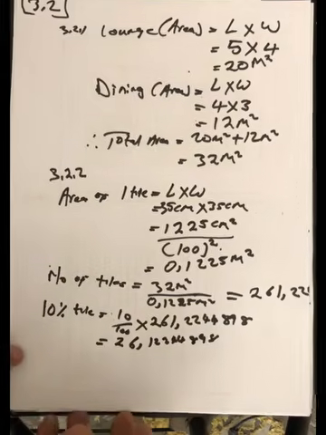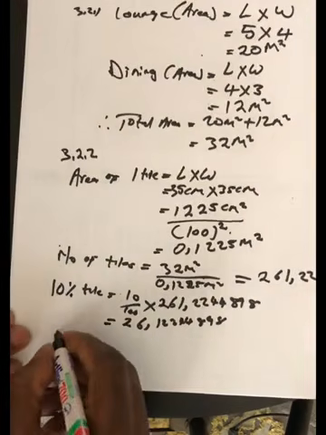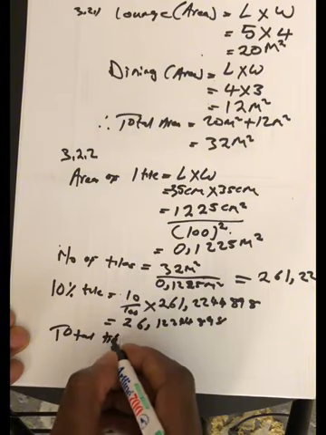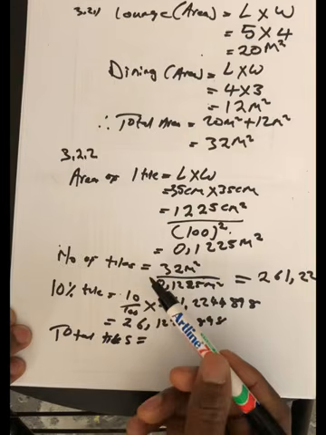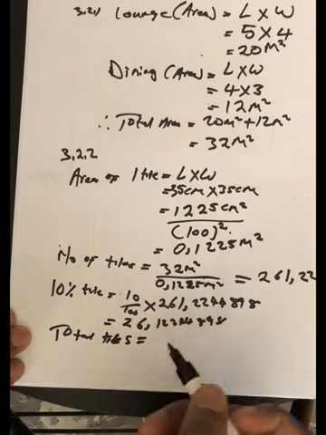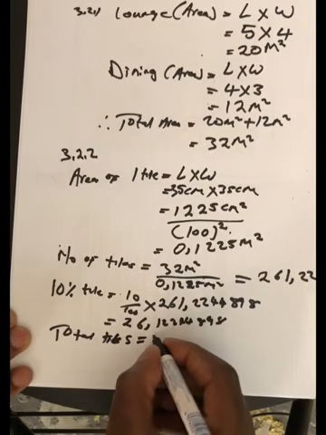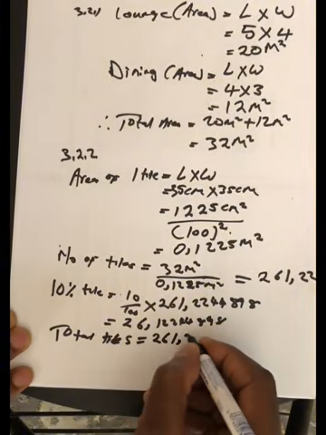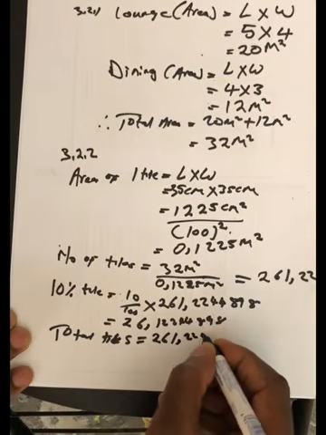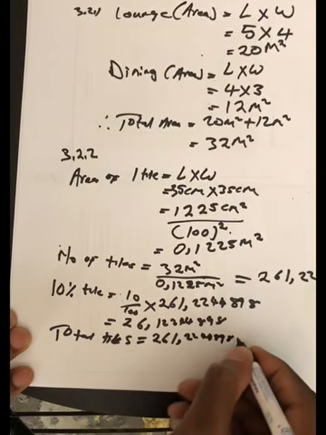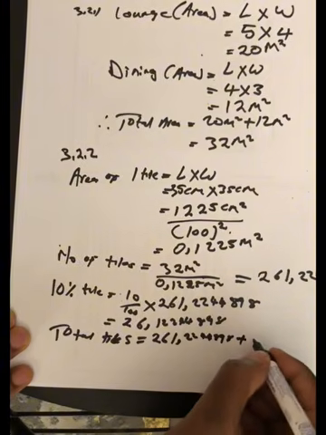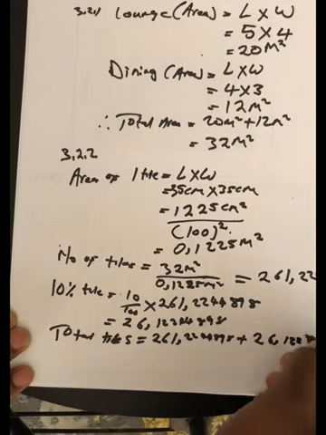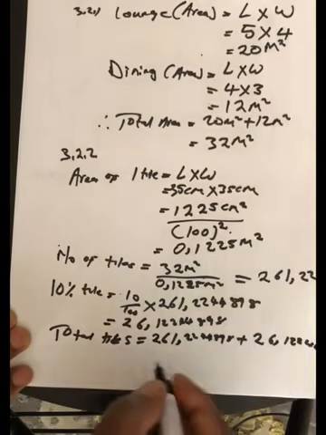So the total tiles needed is going to be the number of tiles plus the 10% that we have added. So we are going to say 261,22,44,898 plus 26,12244. Write everything the way it is.